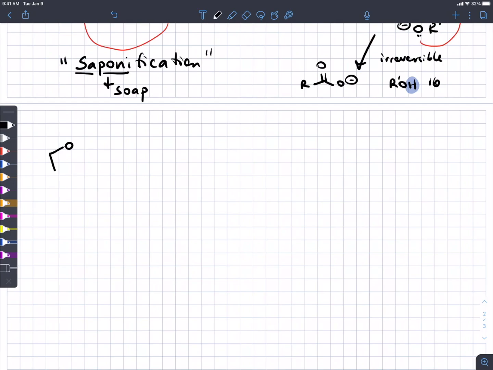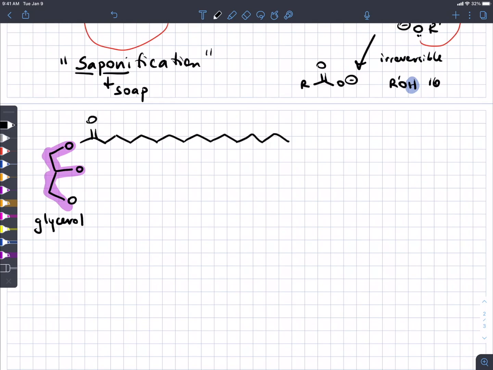Fats and oils are a class of molecules that are known as triglycerides. They're called triglycerides because you have this 3-carbon triol, called glycerol, where each of the alcohol oxygens is linked to a long chain carboxylic acid.